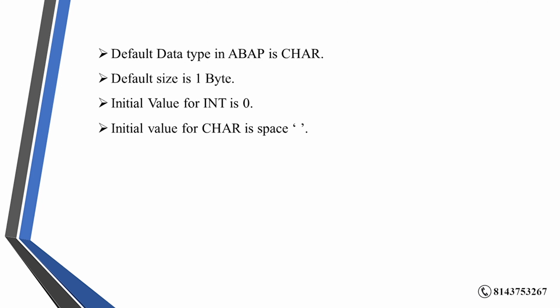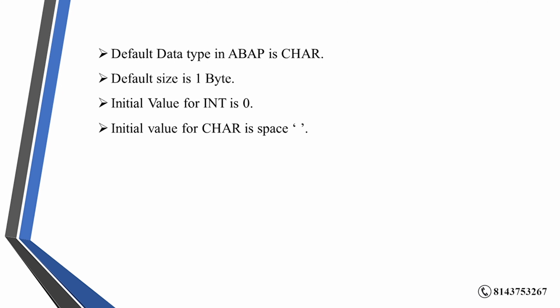When we get deeper into programming, for any variable whose data type is not defined in the program, it will be assigned the default data type, character, and the default size of character is 1 byte.